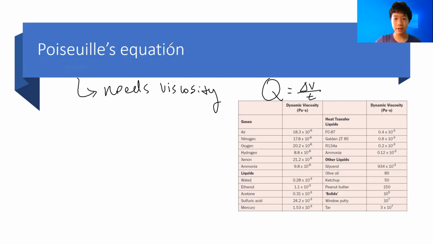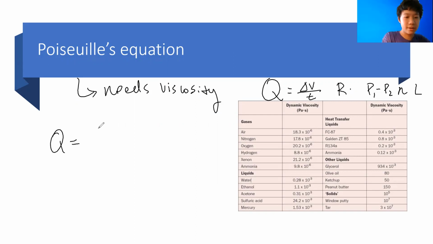It relates Q to R, P1, P2, N, and L. So this equation is given by pi times R to the fourth times (P1 minus P2) divided by 8 N L.